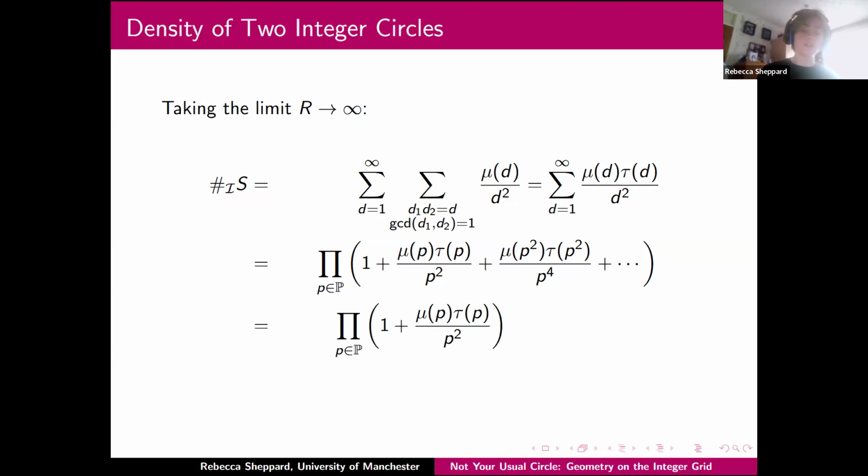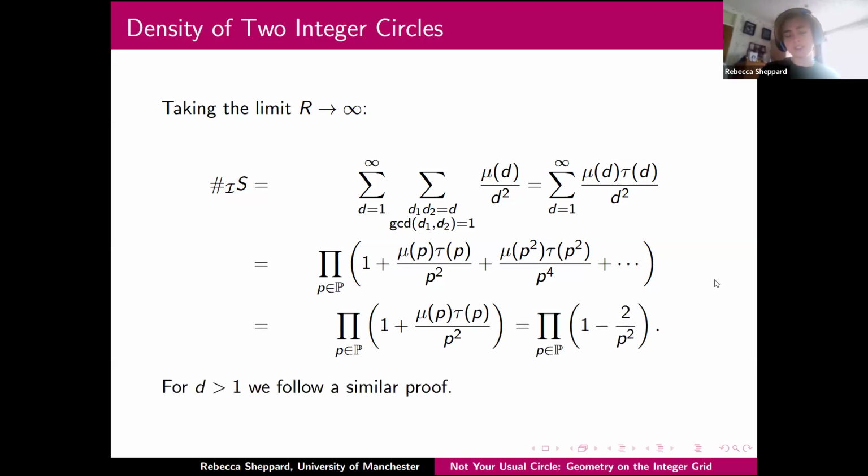This is the product for p in the prime numbers of 1 plus mu of p tau of p over p squared, since for repeated primes this mu gives 0. Since mu and tau are both defined based on the prime divisors, we know that mu of a prime number is -1, and we know that a prime number has two divisors, itself and 1. So this is the product for p in the prime numbers of 1 minus 2 divided by p squared. This is where we got the coefficient from.